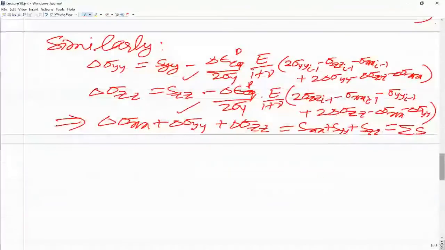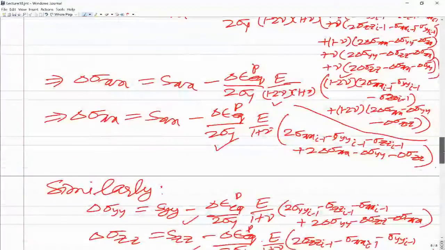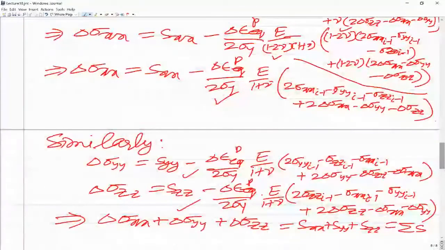So now what we can do is, if we look at the first equation, right now it is in terms of all three: delta sigma xx, delta sigma yy, delta sigma zz.